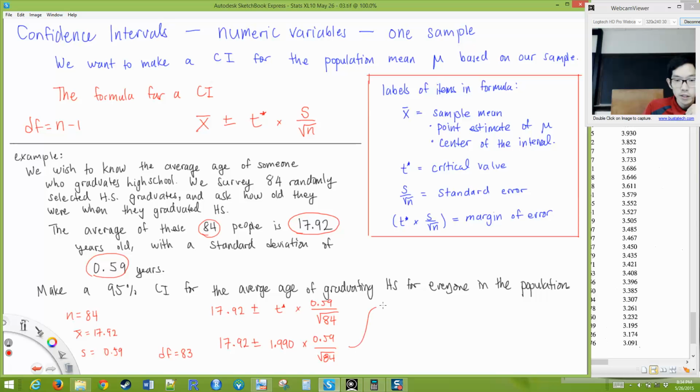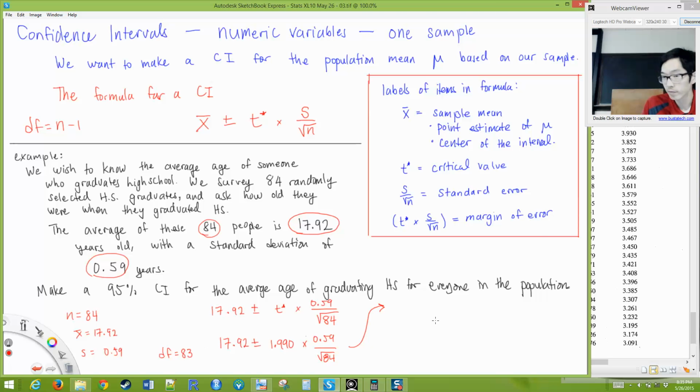Wait, how do you get 83 for the df? Degrees of freedom is n minus 1. Okay? You did the t star, getting the t star, 1.99. So my degrees of freedom is 83. That's okay, right?